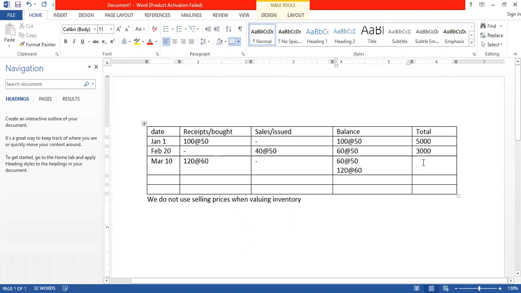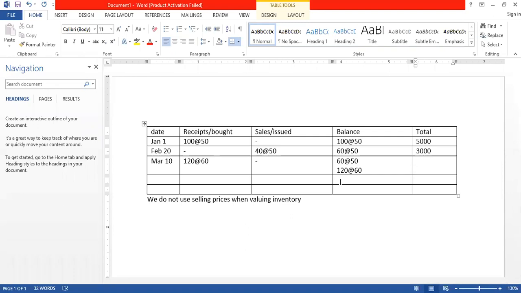Okay, and then we find our new total value. So 60 times 50 is already 3,000. So 120 times 60 will give us 7,200.